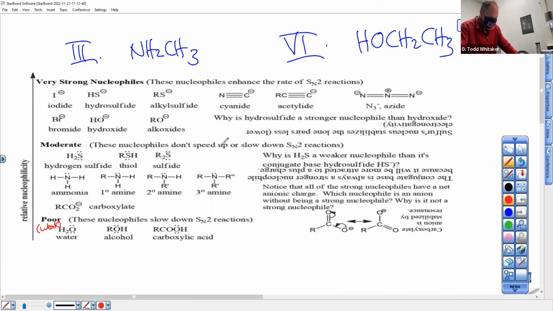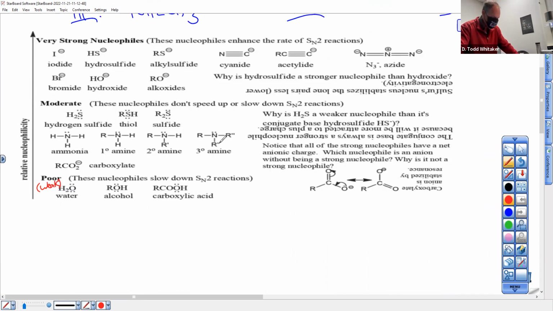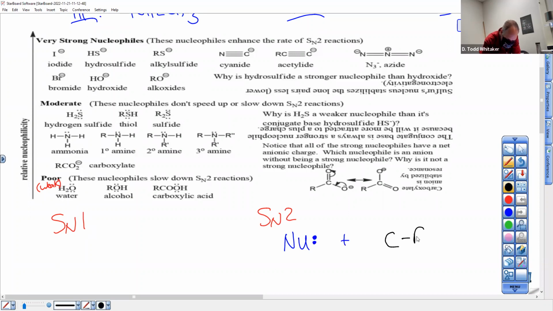And there's two types of reaction in this course, in this discussion. SN1 versus SN2. And SN2, I like for this discussion to start here because the nucleophile attacks a carbon that has a halogen on it.